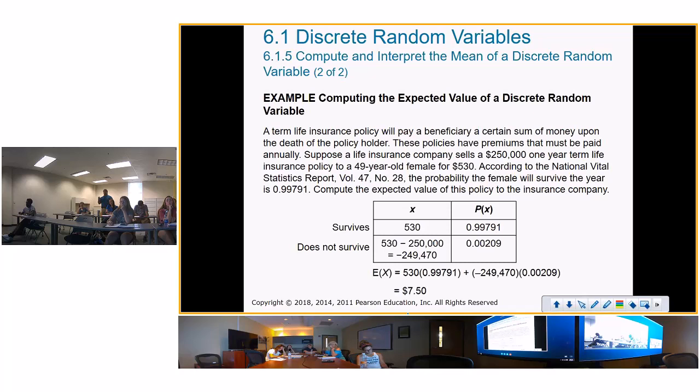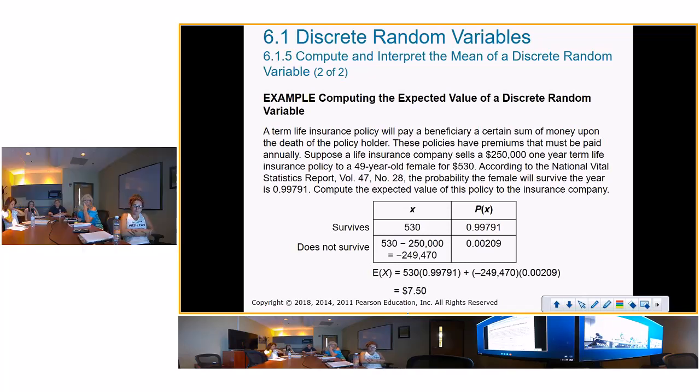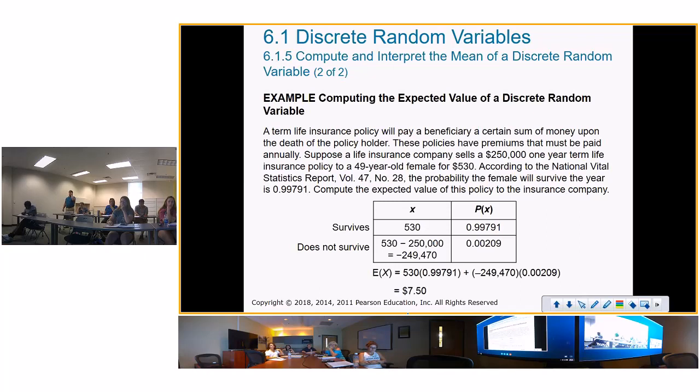Probability of me being dead is 0.00209. So, what did I tell you the mean? Multiply 530 times 0.99791, and you multiply negative 249,470 times 0.00209, then you add them up. And when you do that, you get what? $7.50.